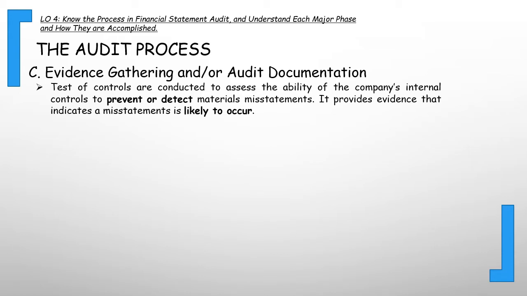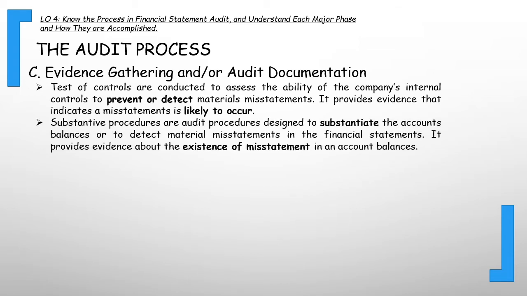Then, the next one is substantive procedures. So, ito yung procedures designed to substantiate the account balances, or to detect material misstatements in the financial statements. It provides evidence about the existence of misstatement in an account balance. So, bali yung simple yung substantive test is to obtain evidence to confirm or refute individual account balances.